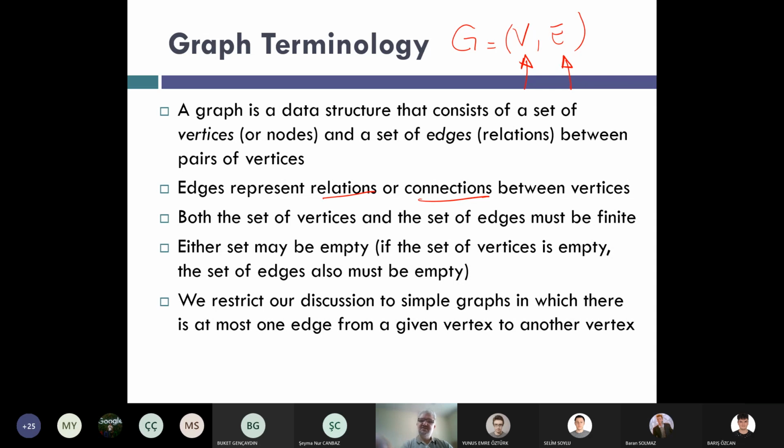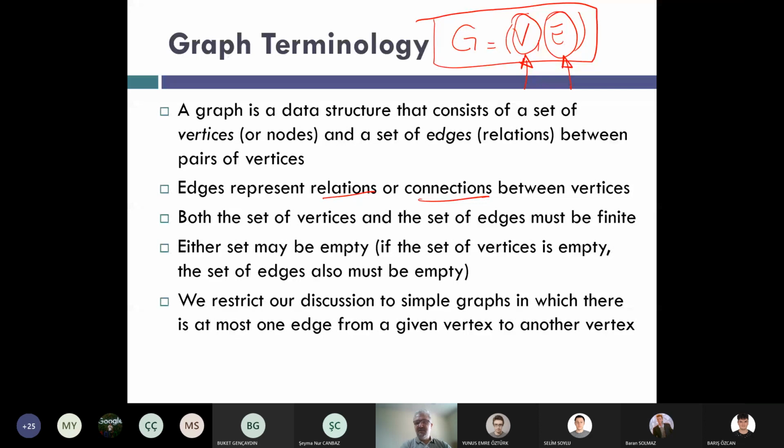In this graph, both these sets can be empty. For example, if the vertex set is empty, there are no vertices, so there are no relations. The edge set should be empty as well, so the graph is an empty graph.